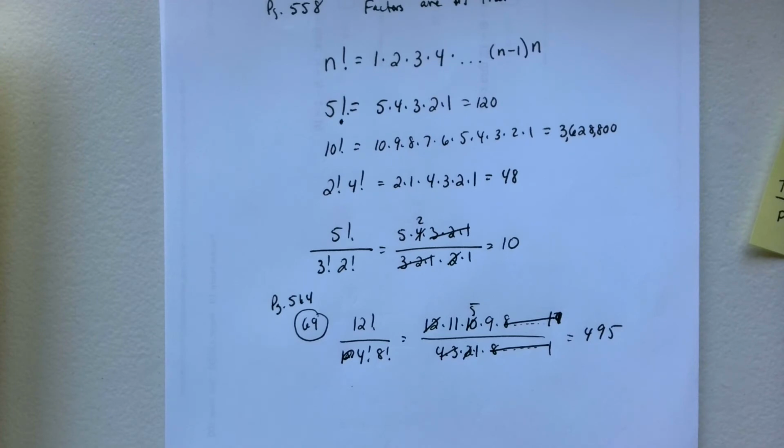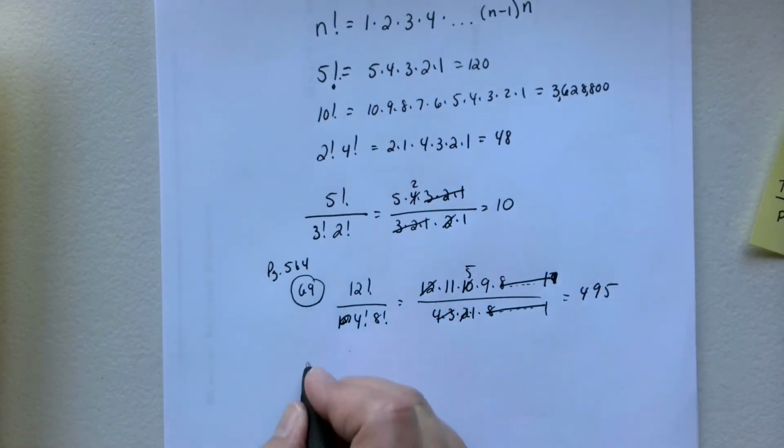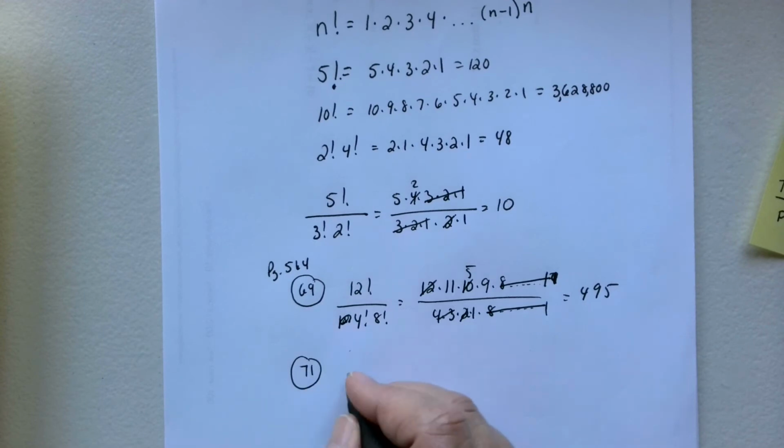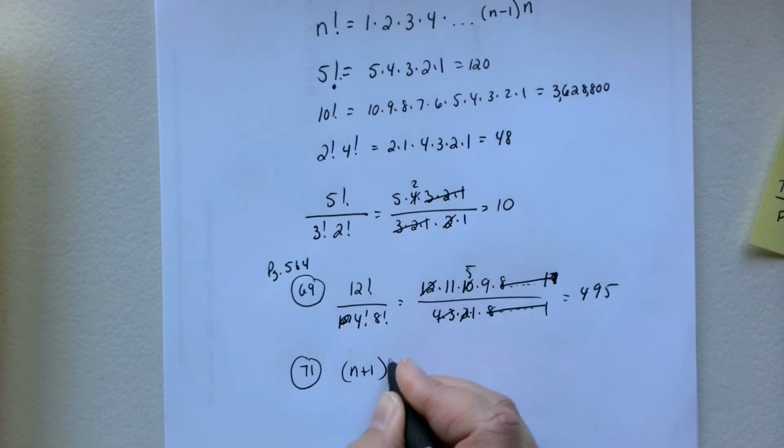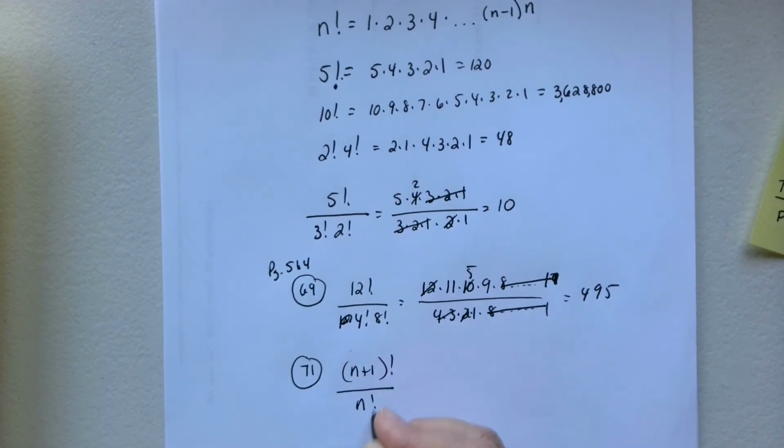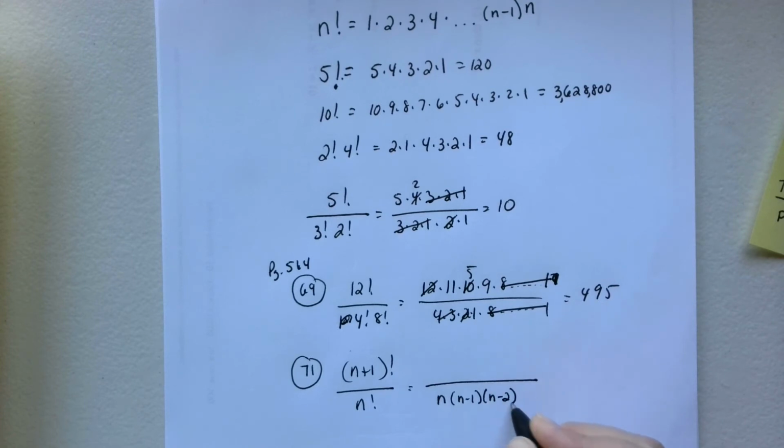Again, you could put all that in your calculator, but to me it's more fun to write it out and cancel. And you will have some problems like number 71, where you will need to write it out. The directions are simplify the factorial. So let's start with the denominator. The denominator is n times all the numbers smaller than it. The next number smaller than n would be n minus 1, and the next one would be n minus 2, n minus 3, and it would keep going down until you got to 1.